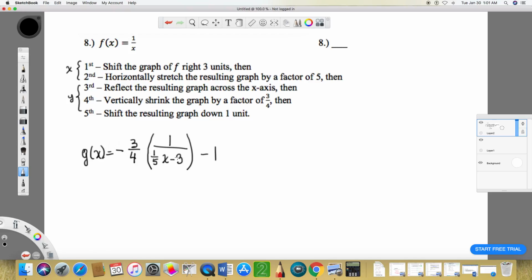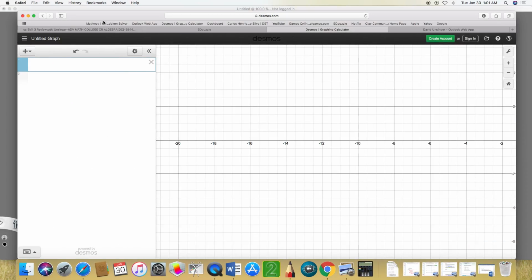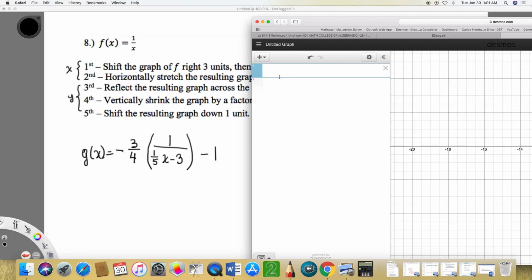And I can check this on that Desmos graphing calculator. So let's key it in and let's do that. I'm not gonna use function notation. I'll just use a normal equation.